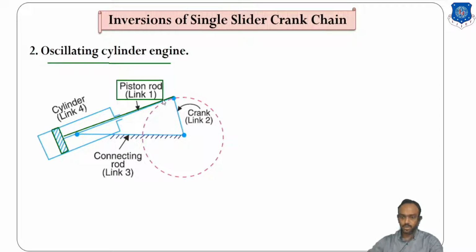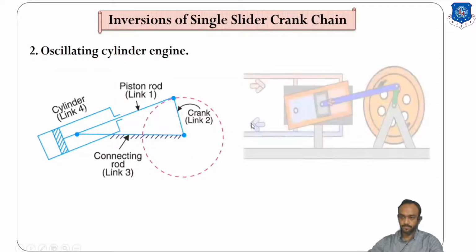Link number 2 is the crank. Link number 3 is totally fixed; this link number 3, or I can say this frame, is fixed. And link number 4, which is moving in this case, is the cylinder. The cylinder is moving.